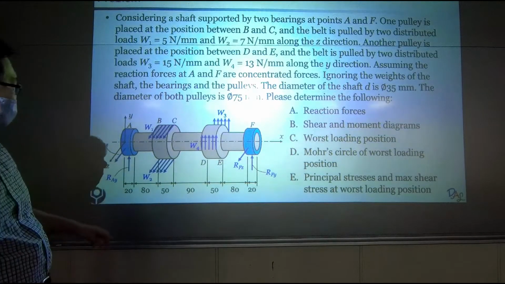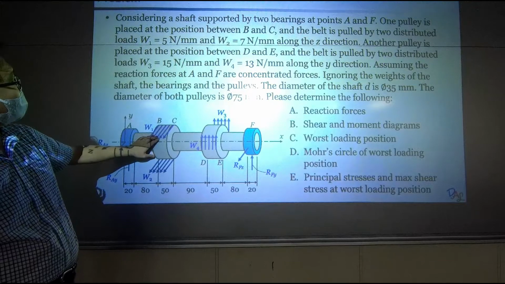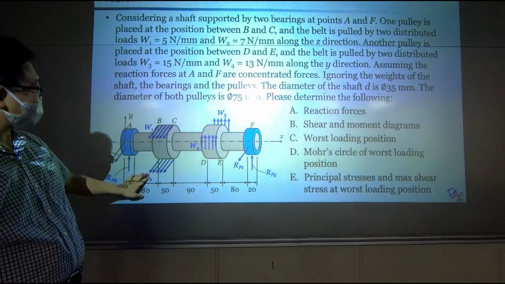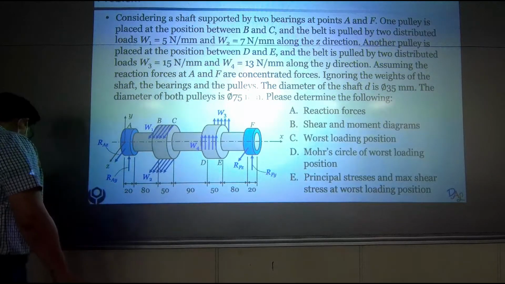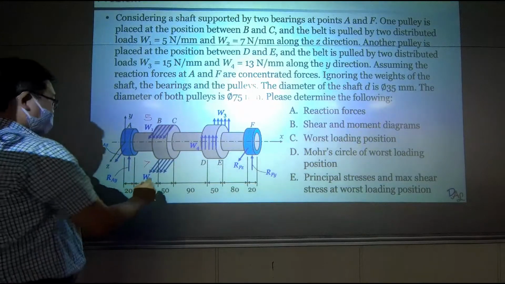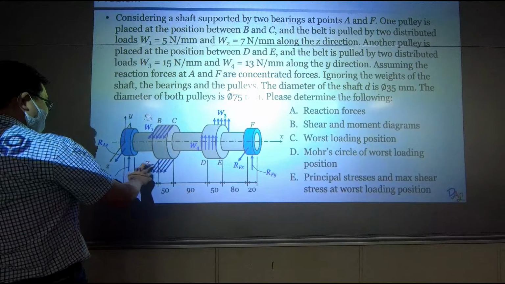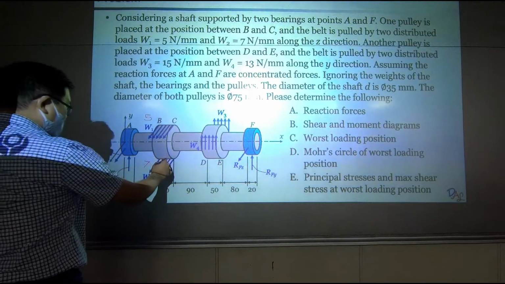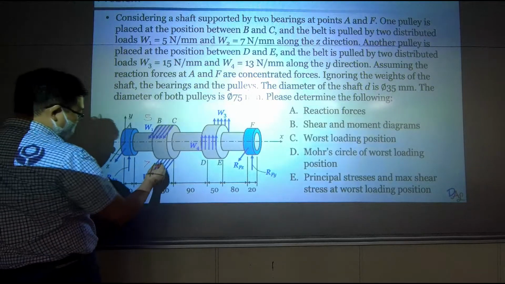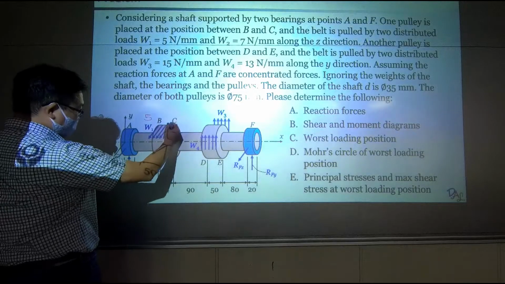Okay, and over here, W1 is 5 Newton per millimeter, W2 is 7. So let me write it down. This is 5, this is 7. So if you use 7 minus 5, then you are having a sum at the end of positive 2, clockwise.